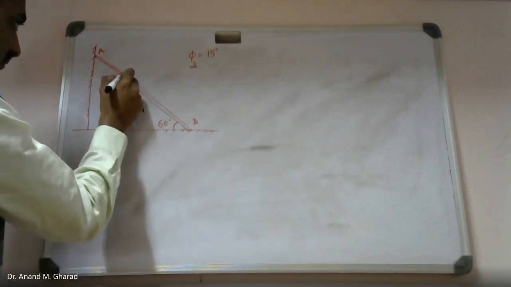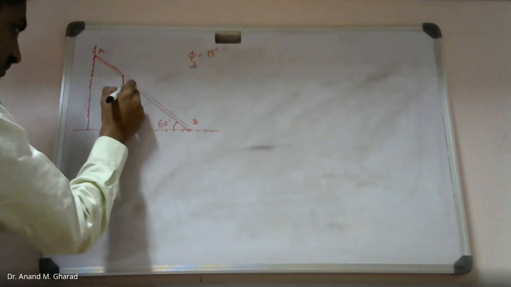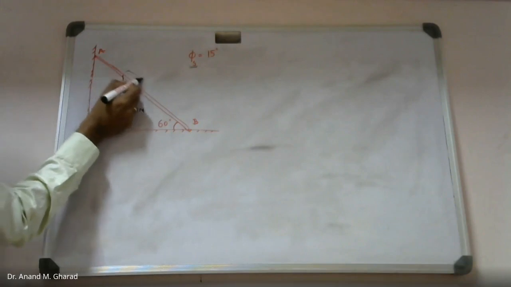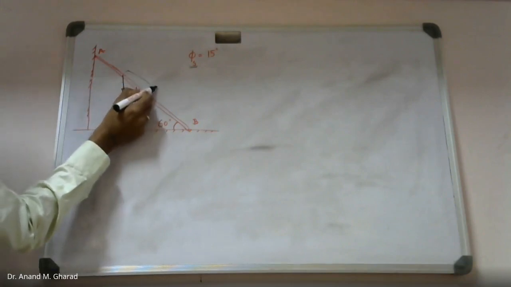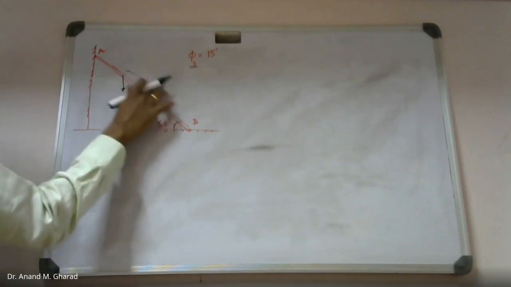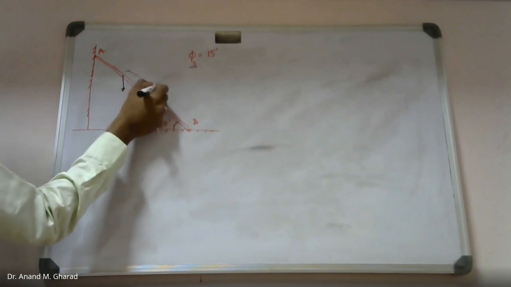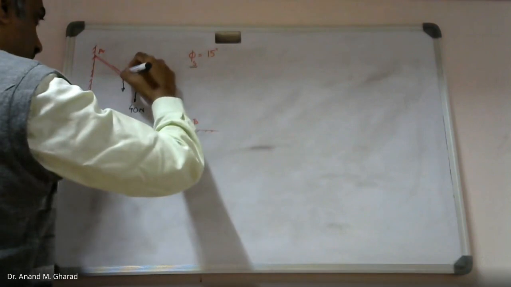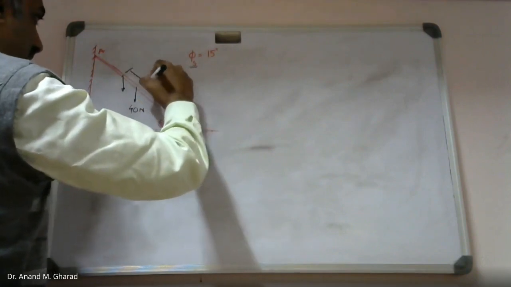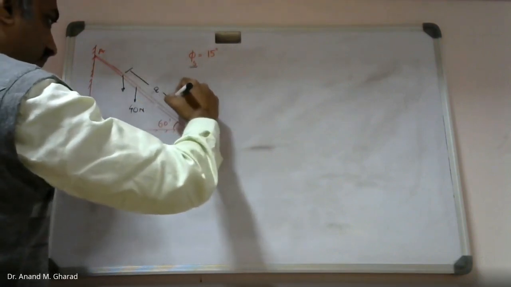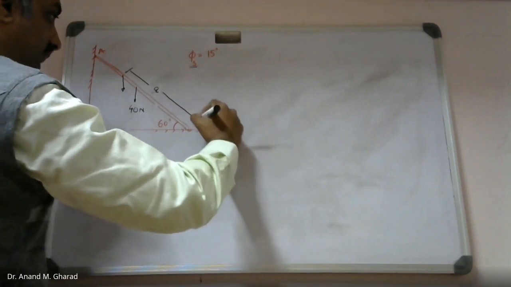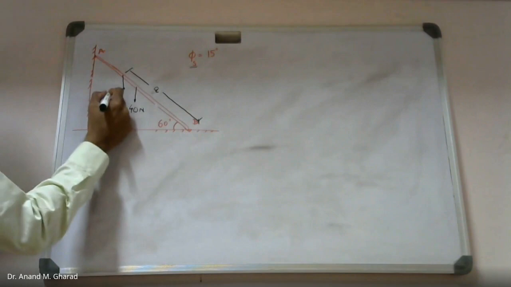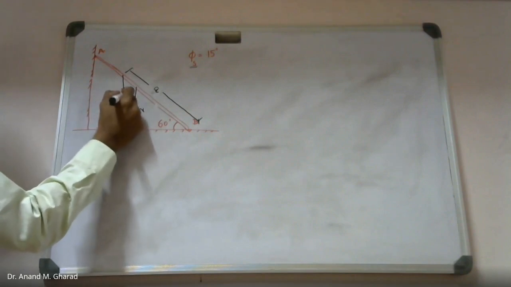Let me consider the man to be standing at this location, let's say at a distance of x. x is a little confusing, so let me call it a. Okay? At a distance of small a from point B. This is what I will assume. And this is the 160 Newton weight.